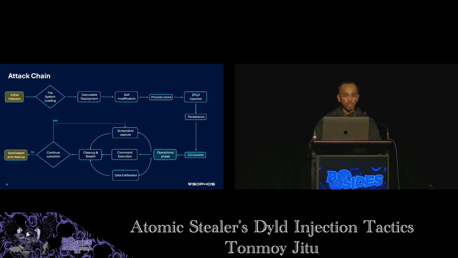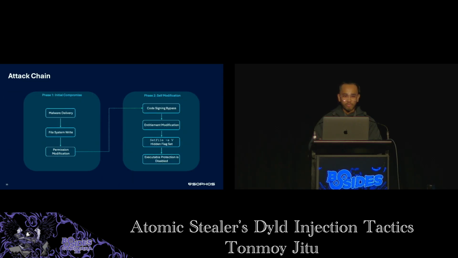In terms of what the operation would look like, it would take a screenshot, perform command execution, do data exfiltration, and perform cleanup and stealth. So it goes through a constant loop of checking, okay, do I need to perform more persistence and capture more data? If not, at the end of the process, it would perform cleanup.